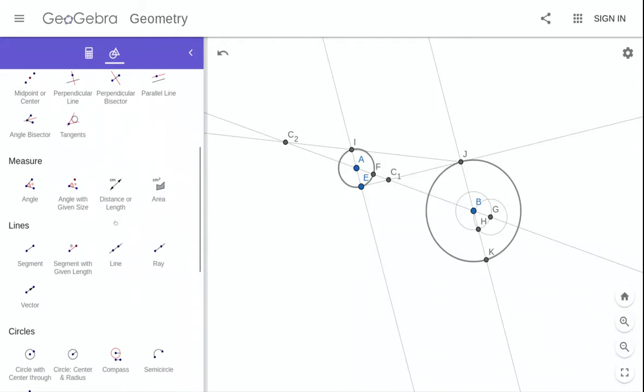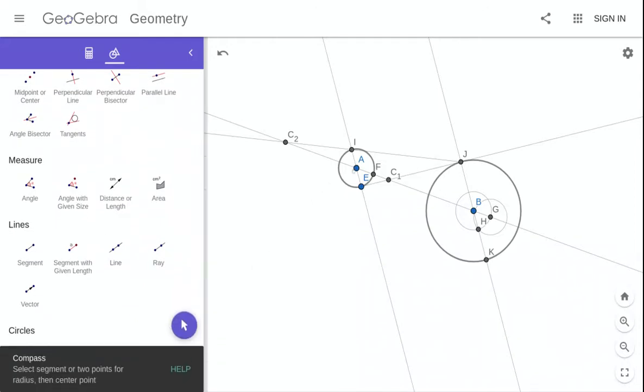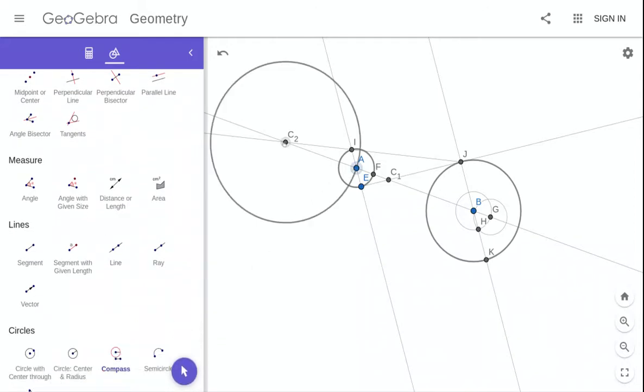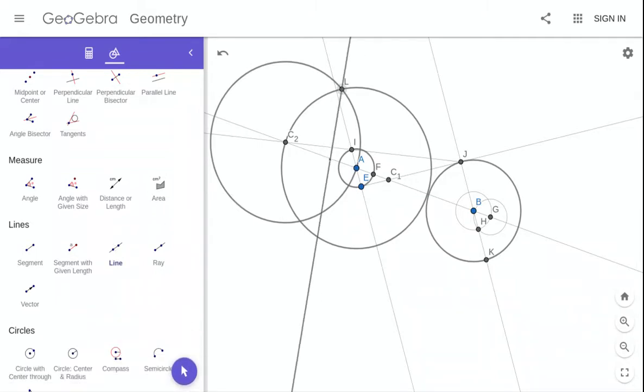All right, and again, we're doing everything by construction here. So we construct this circle, we construct this circle, right? Whoops. All right, and then we construct the perpendicular bisector of these two. And that gives us our midpoint up here.